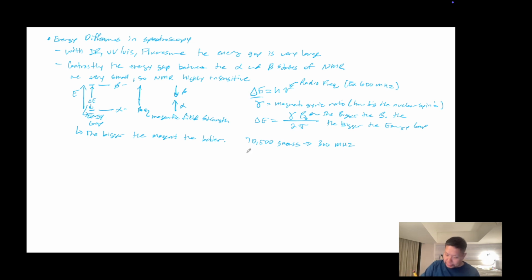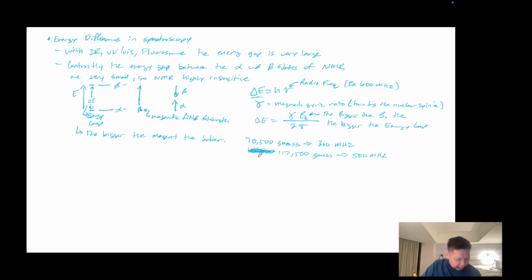right? If we had a 117,500 Gauss magnet, that would give us a 500 megahertz instrument.